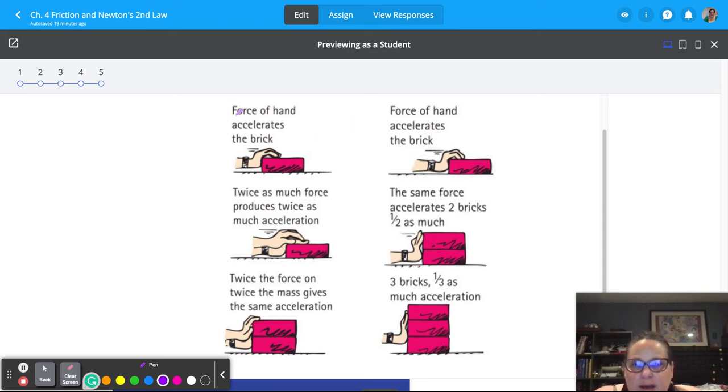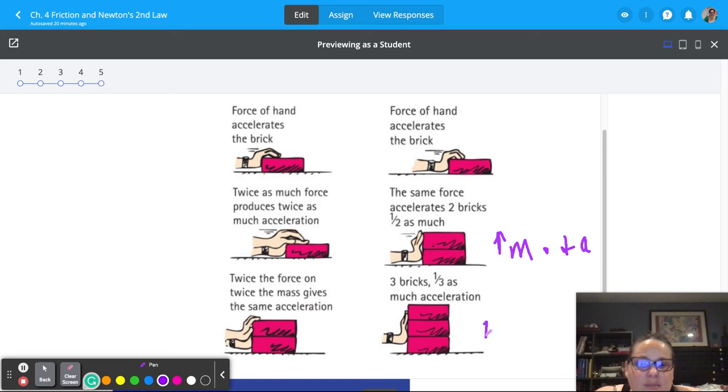If you apply an equal force to a brick, and then apply the same force, so force is constant, and you double the mass, that would be increasing m. So if we're using a constant F, increasing m, which is mass, would decrease acceleration because those two are opposites.